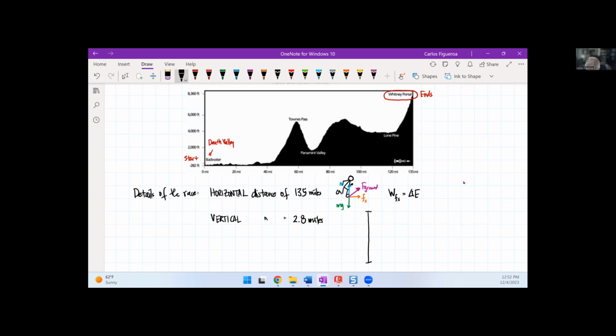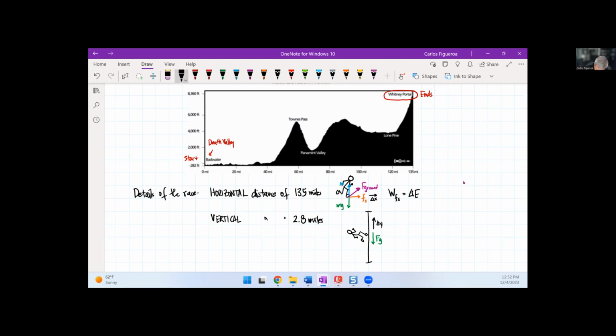And now we have our runner, and our runner, wow, this is harder to draw at an angle, is running vertically. So we think about the displacement being in that direction, but now the only force that we have to counteract here is gravity, and now we have a displacement that's in the y direction.